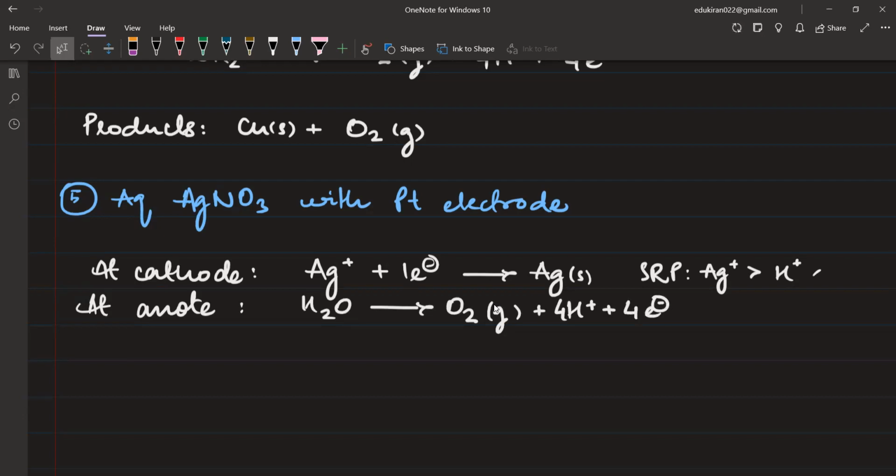You can balance this by multiplying by 4 if you want to write the complete cell reaction. But generally, the complete cell reaction is not really asked. They will ask me the products of electrolysis. Products of electrolysis will be: you're going to get silver at the cathode, and we are going to get O2 gas at the anode.